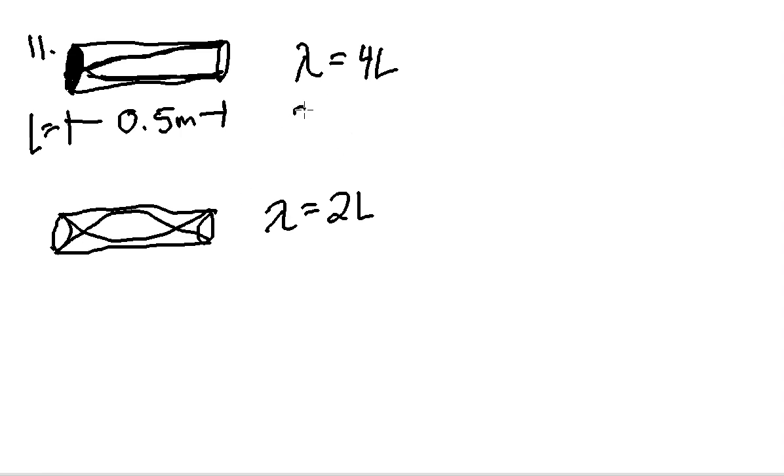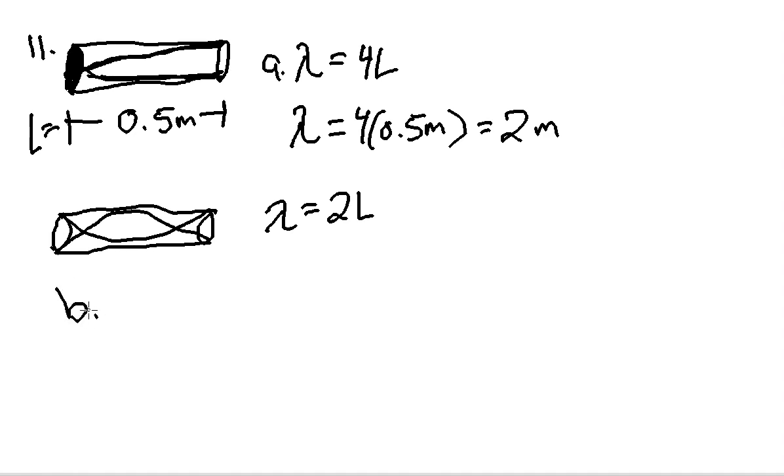So all we have to do is plug in the length, 4 times 0.5 meters, and that gives us a wavelength of 2 meters. If I pop the cap off, just like in your boom whacker, or opened up one pipe of the organ, it would be only twice that, which means a much higher frequency. All right, so that is A.